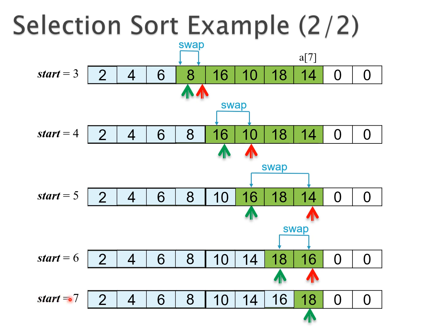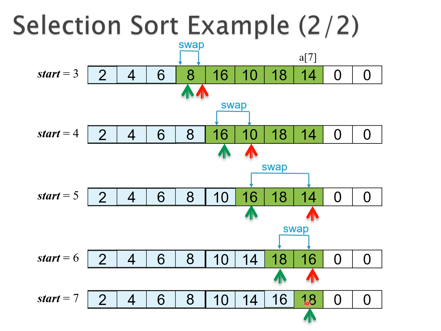So note that the loop stops when start equals n minus 1, which is 7 in this case. At this point, the unsorted part has only one element, so there is no need to do any swapping or look for the smallest element.